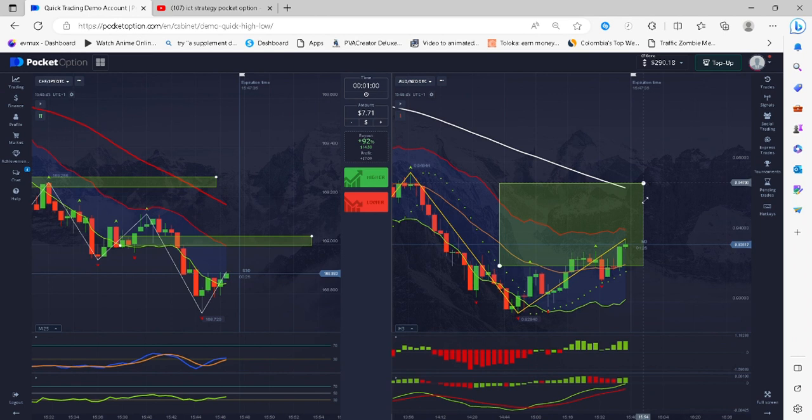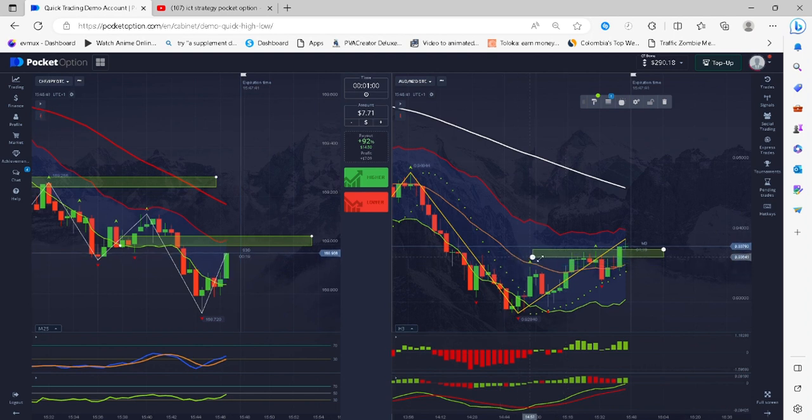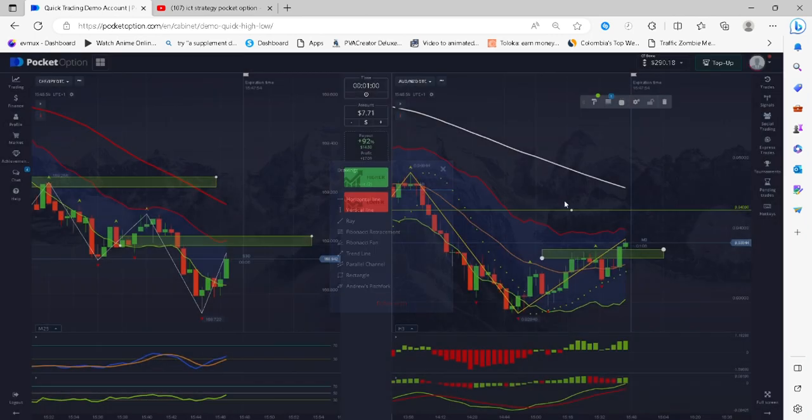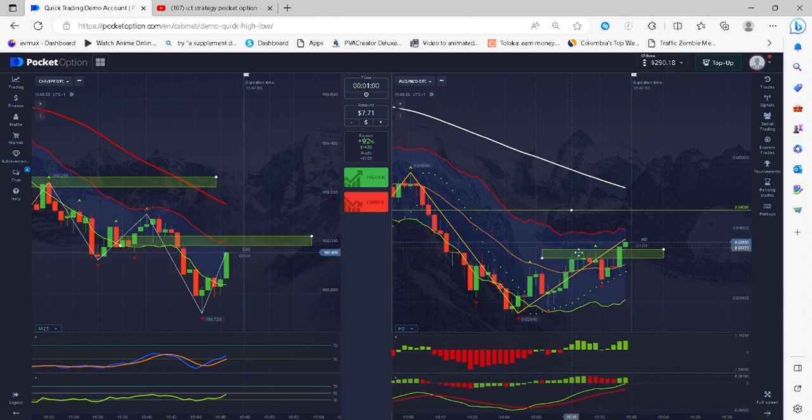So what we are looking for is that point where it would get to before it continues on the upper movement, because when you see a structured break, there is a break of structure. In case you're not seeing it, let me get the horizontal line. There is a break of structure here.